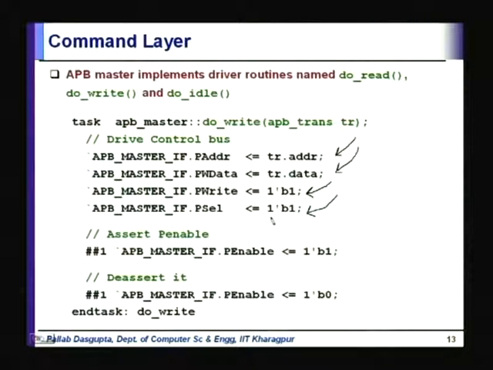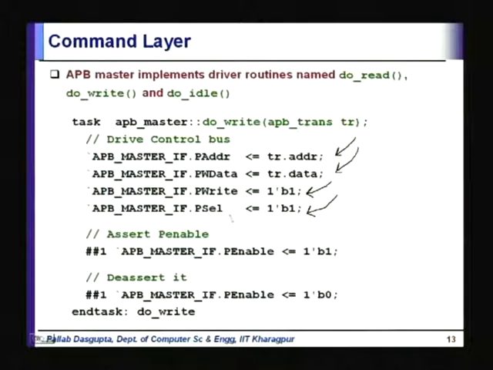Remember the write transaction that we... But I am a little confused. Yes. I mean, PSEL is to select the particular device, isn't it? Yes. Then how can it be in just one bit? Okay, so this is PSEL X actually. This is simplified.